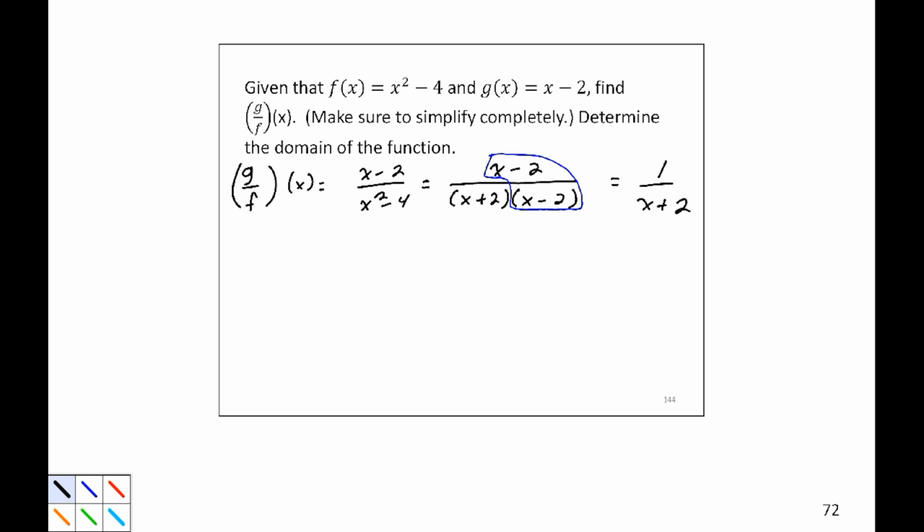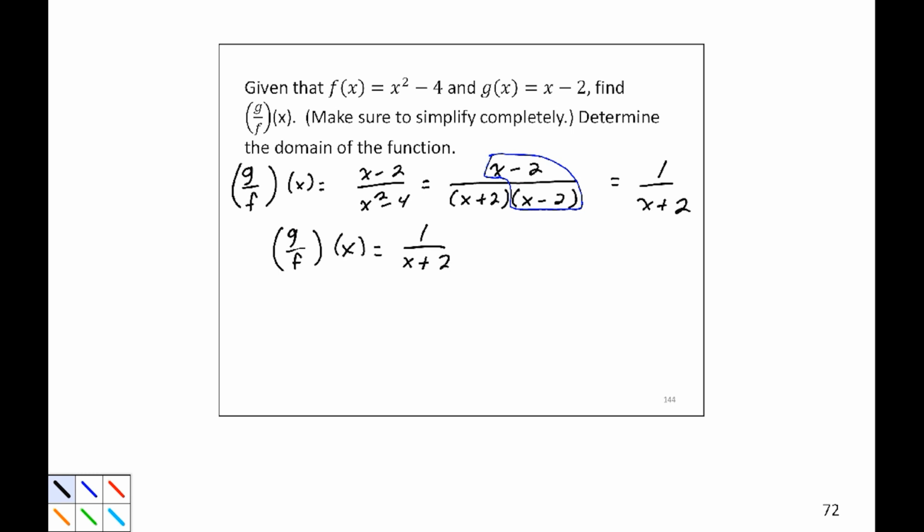But now when we go to find the domain, what we want to remember is that we do not use the reduced form of that. We actually use the unsimplified form to determine the domain. All right, so we'll go back and say, let's go ahead and sum that up. G of f of x equals 1 divided by x plus 2.